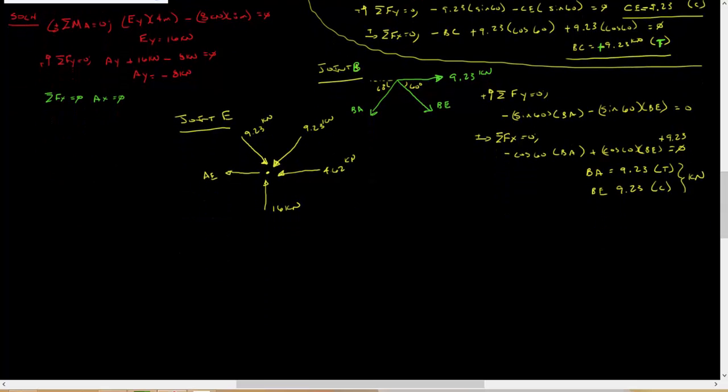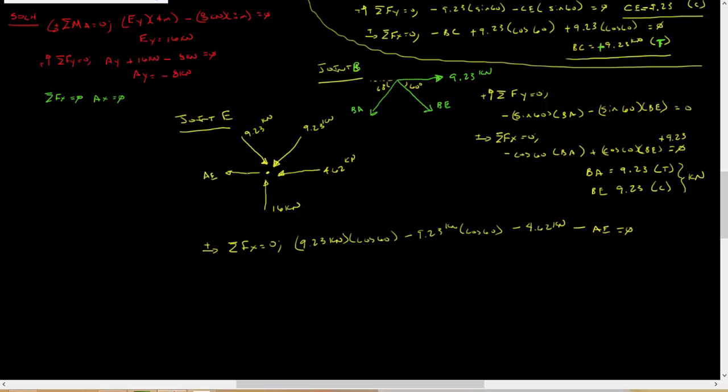So by looking at this, I sum my forces in the x, because I'm solving for AE. I get 9.23 kilonewtons times the cosine of 60 minus 9.23 kilonewtons times the cosine of 60. That's these two here, minus 4.62 kilonewtons minus AE is equal to 0.